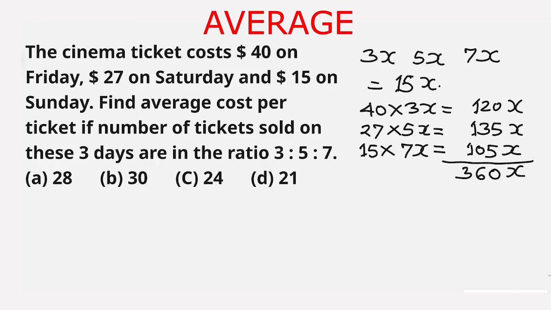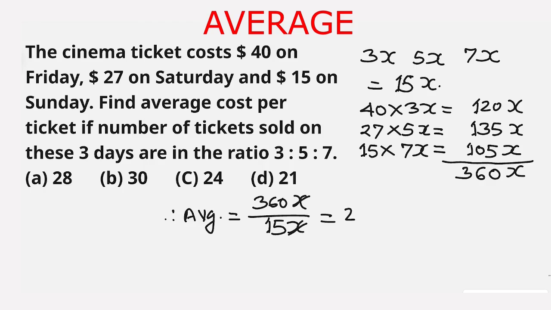Now the average. Average equal to 360x divided by 15x. So it will give us the average cost per ticket. X is cancelled from numerator and denominator. 15 divides 360 for 24 times. 15 times 2 is 30. 36 minus 30 is 6.